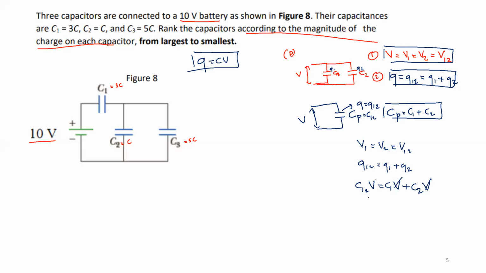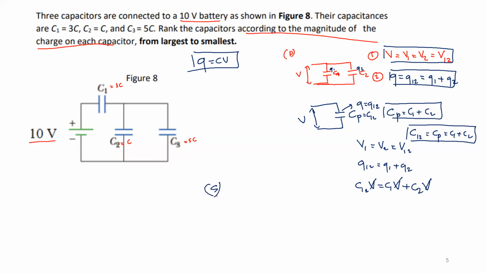Of course, if I simplify, I just get that C12, which is my C parallel here, is just C1 plus C2. I'm insisting on this. Once this is very clear, all the rest will be very clear.